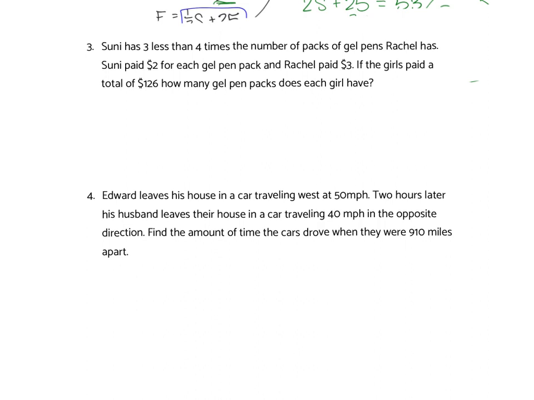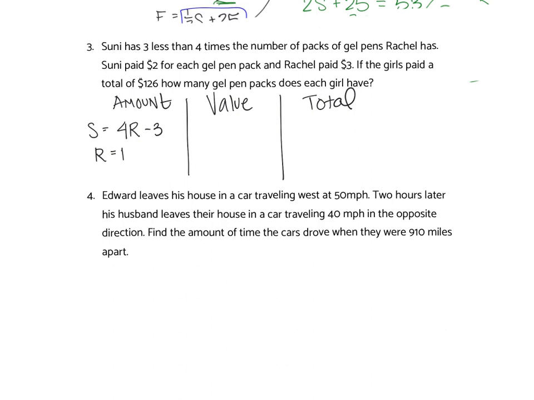So again, this one is similar to the ones we've been doing, where there's the amount they have and the cost they have. So the amount of gel pens, and then the value, and that's going to give us a total. So for Suni, she has 3 less than 4 times the number of Rachel's. So 4 times the number of Rachel's minus 3 is the amount that Suni has.